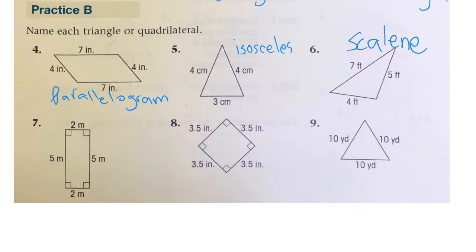All right, we've got the remaining figures. We have a four-sided figure for number 7, 2 meters that are parallel, 5 meters that are parallel. So this would be an example of a rectangle.